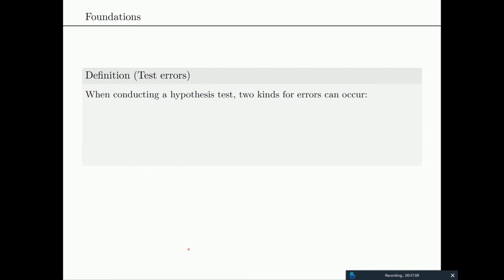Hence, to give some quality to tests, one looks at errors and error probabilities. And of course, you're very familiar with test errors, because when you conduct a hypothesis test, there always can be two kinds of errors.